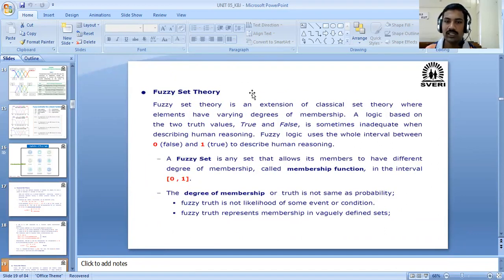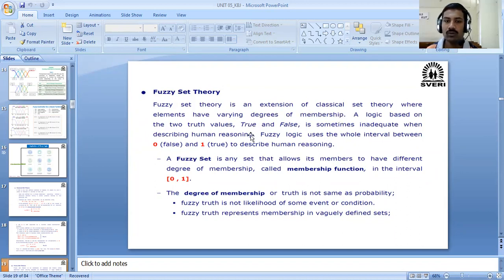Now, fuzzy sets. What is a crisp set? If it is represented in the form of 1 and 0, then that set is known as a crisp set. Fuzzy set theory is an extension of classical set theory where elements have varying degrees of membership.